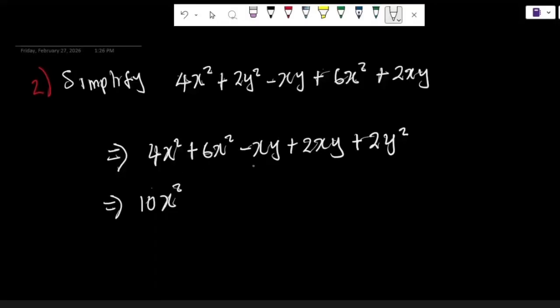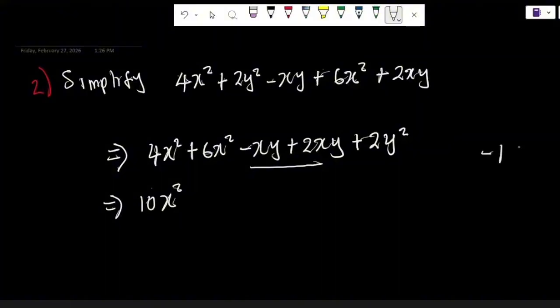Now here, when you look at this expression, there is a 1 here which is invisible. Whenever you see a variable on its own without any number in front of it, just know that there is a 1 there. So this is like negative 1xy plus positive 2xy. It's more like just adding the coefficients here.